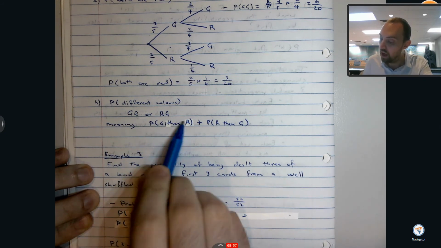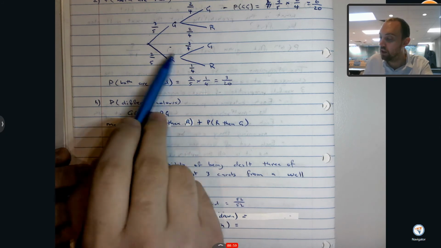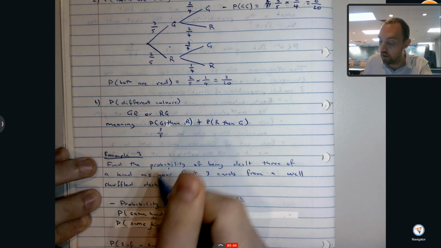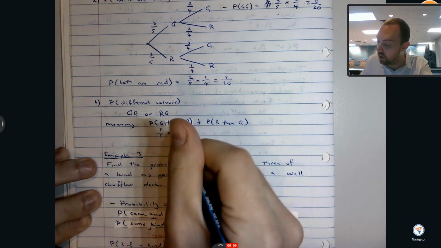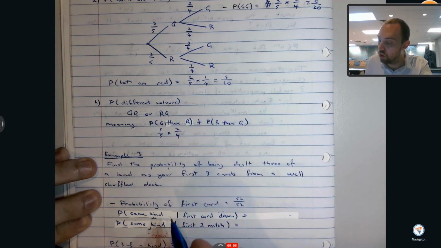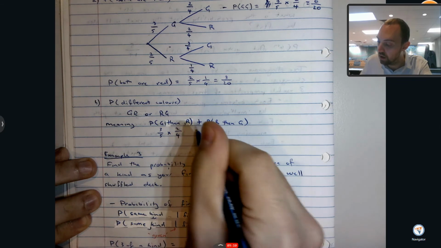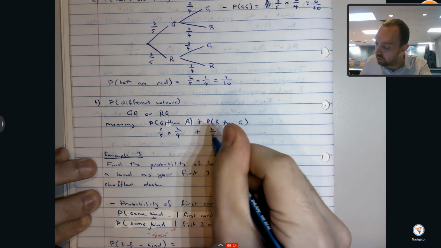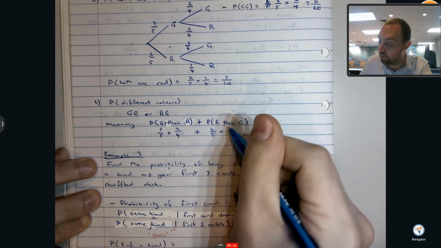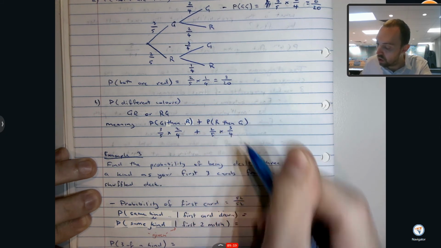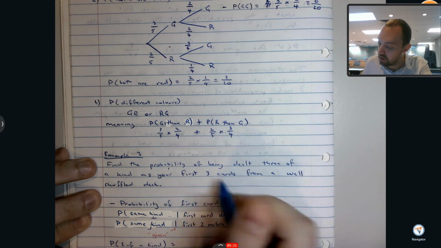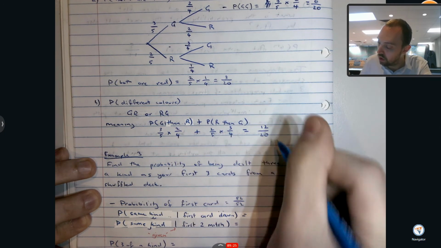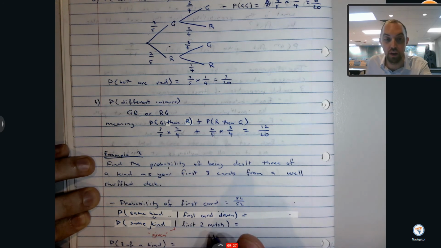So we're going to add probability of green, then red. So getting a green first is 3/5 times by 2 quarters for the red. We're going to add probability of red. Getting a red first is 2/5 and times by the green, which is 3 quarters. And we should get 12/20 as our final answer.